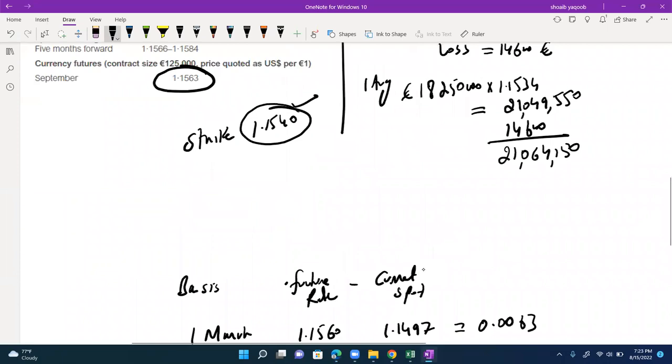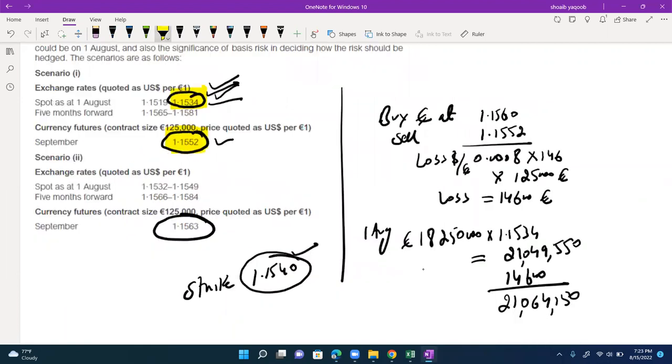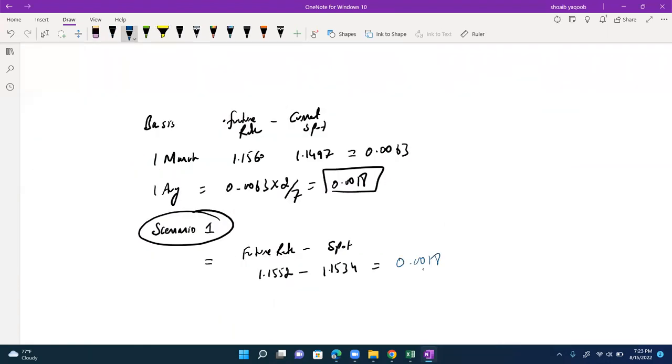What is the difference, guys? 0.0018, right? Please write in the chat box if you're listening. Guys, are you listening? Is the voice clear?